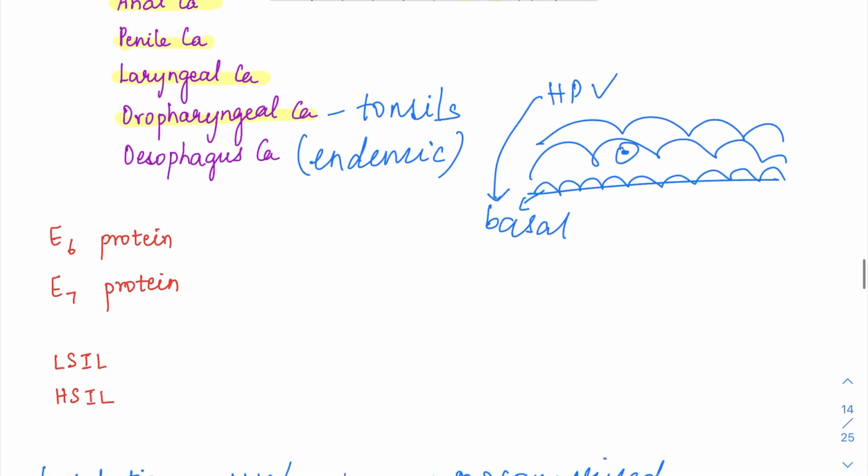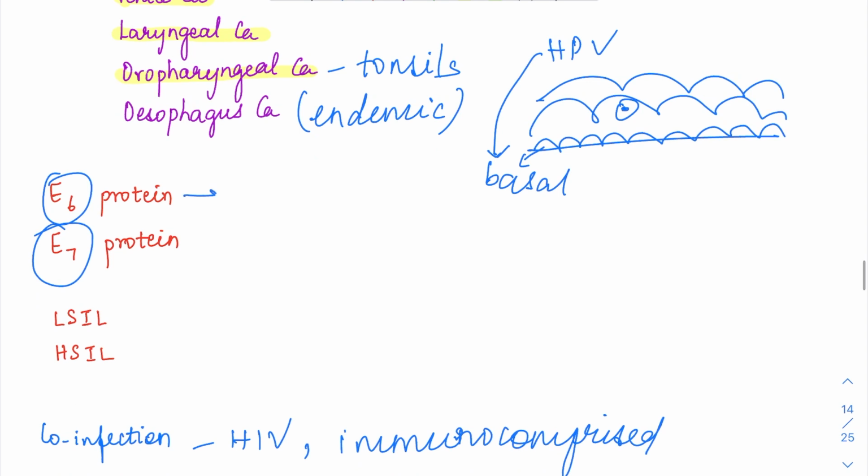What happens actually is this HPV has two proteins, which are E6 and E7 proteins. This E6 protein is going to degrade P53 protein. P53 is the guardian. So without the guardian, P53, everything is going to change here. The cell cycle will progress without any check. So E6 protein will attack the P53, while E7 protein is going to dysregulate the retinoblastoma gene.